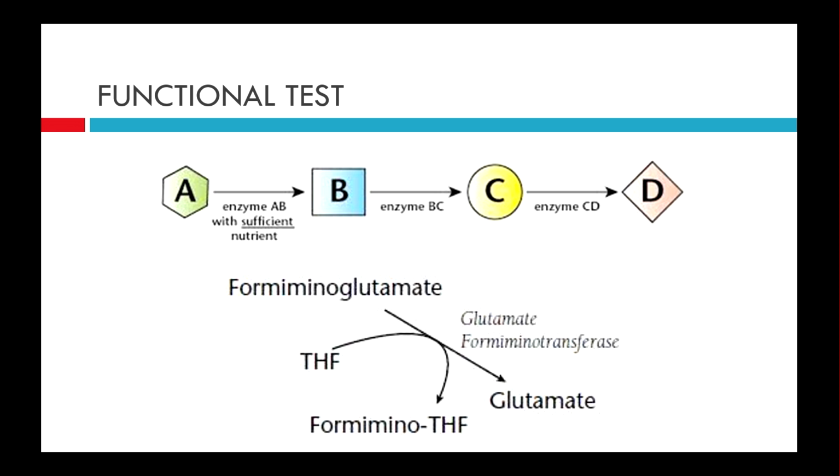Formiminoglutamate, if you lack vitamin B9, cannot get transformed to glutamate, so the level of formiminoglutamate will rise. It's a very simple concept.